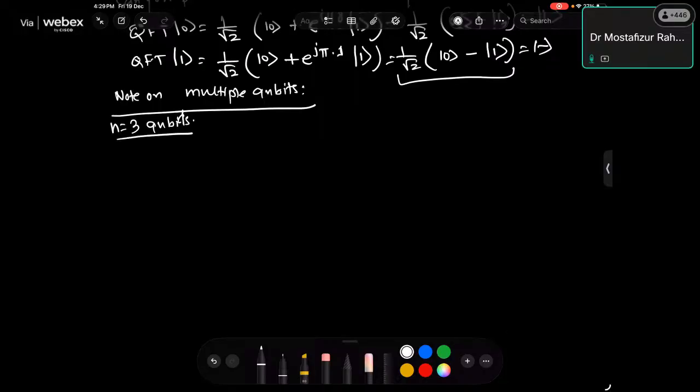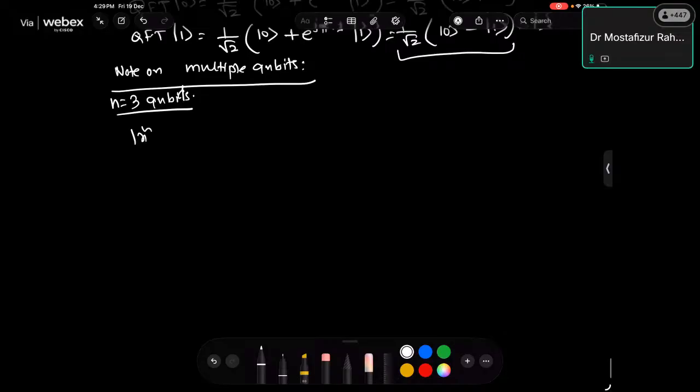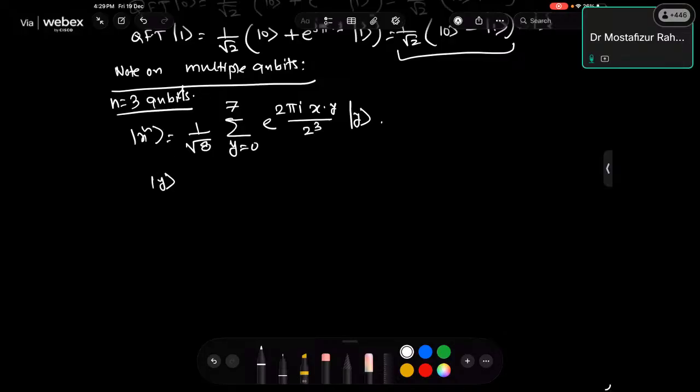So what's the definition? x tilde will be 1 upon square root 8, summation of y equals 0 to 7, e to the power 2 pi i x times y by 2 to the power 3, ket y, right? And here ket y can take values from 0, 1, 0, say 0, 1, 1, any 3 bit values, for example 1, 1, 1, etc.